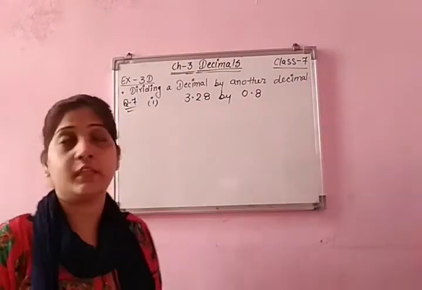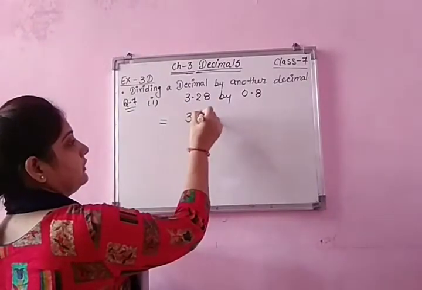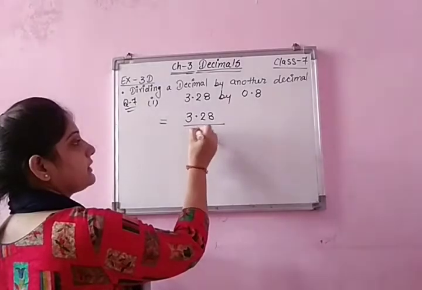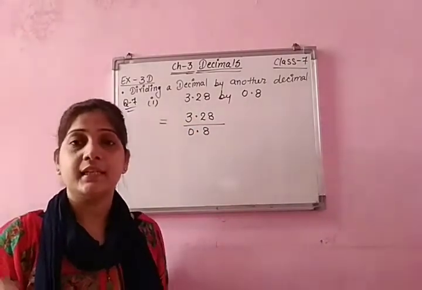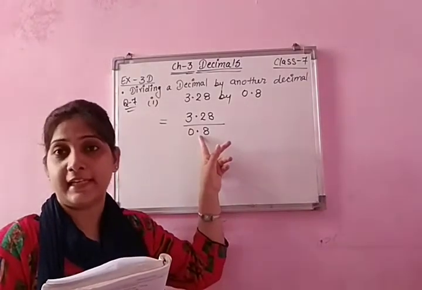And how can we convert? Let's see that. So first method I am telling you, 3.28 divided by 0.8. Children, for this you have to see how I can remove the point of this 0.8.